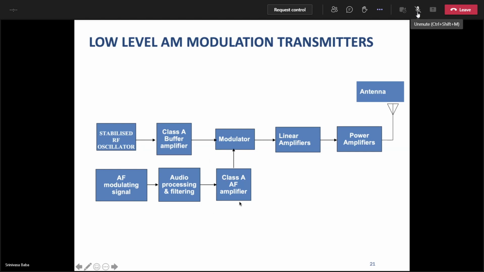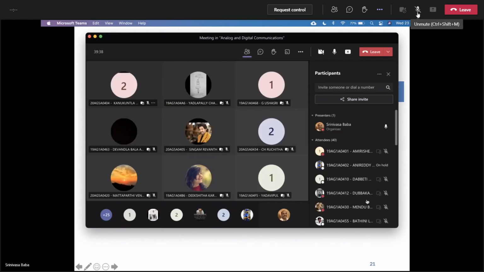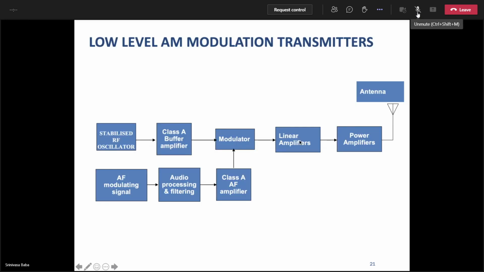This is the signal of our interest. This is a carrier that is carrying my voice signal. These two are modulated in amplitude modulation and sent, and then you have your transmitted signal via an antenna into free space. This is your low level modulation. This is the block diagram.